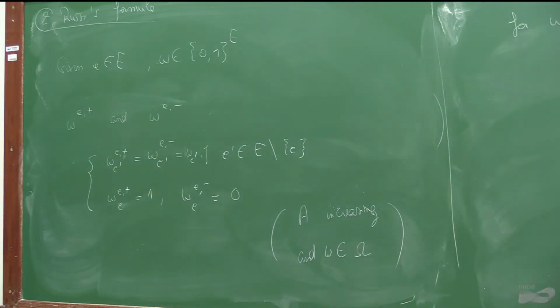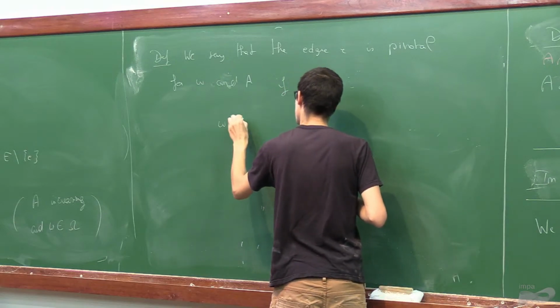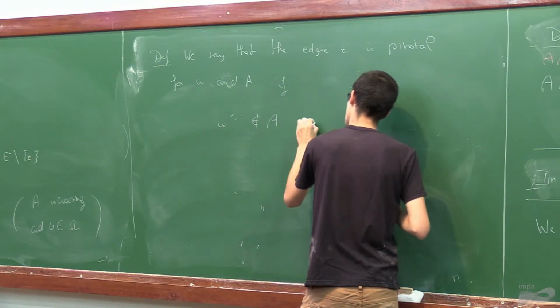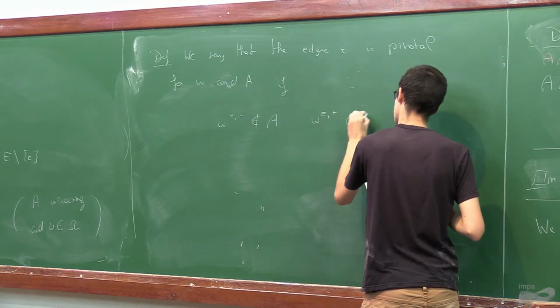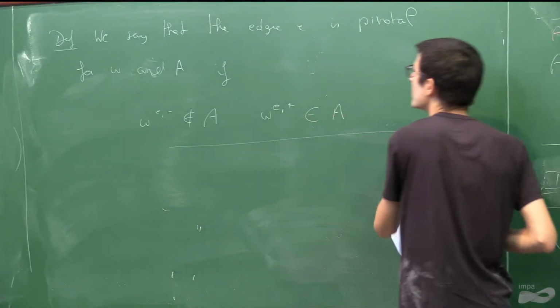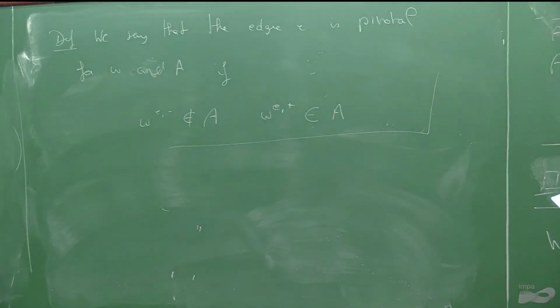If omega E minus does not belong to A and omega E plus belongs to A. So an edge E is pivotal basically if, given everything that I have outside E, A is satisfied if E is open and not satisfied if E is closed.